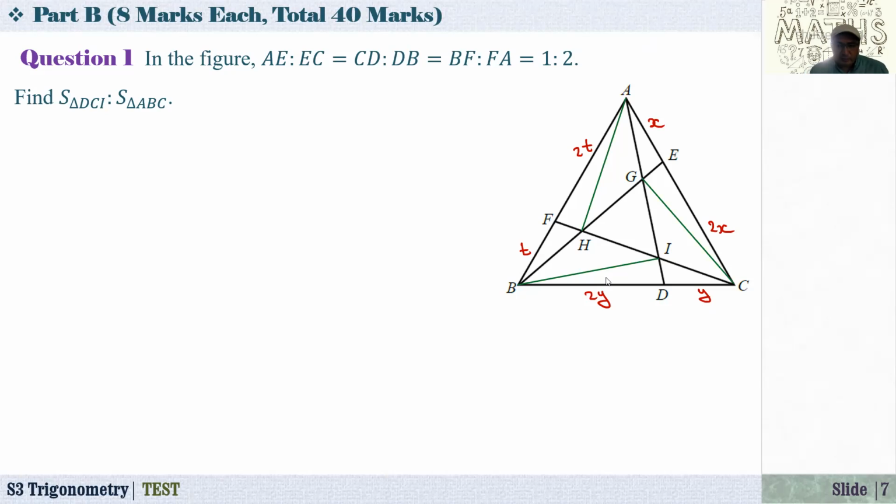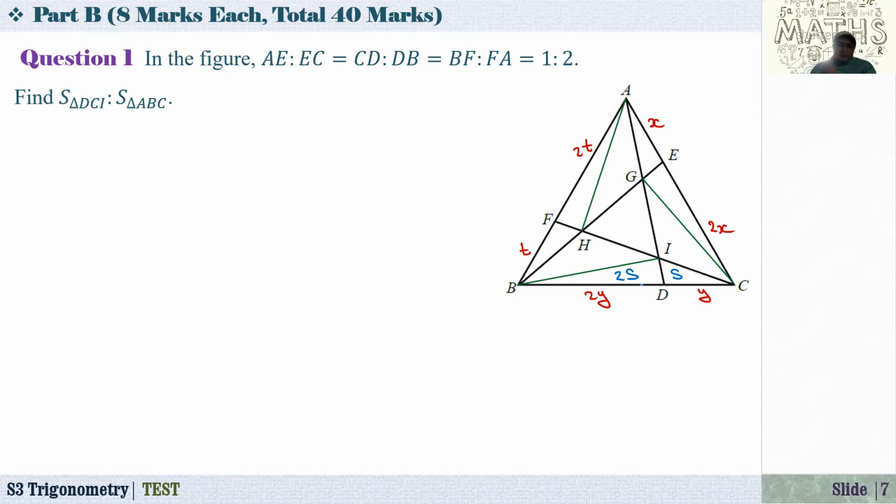All right. So first, we need to find the ratio of the area of DCI to the area of triangle ABC. That means I'm just trying to express everything in terms of a single variable. Now, suppose, let me use blue here, the area of CDI is equal to S. At the same time, the area of BDI, because of Y and 2Y, will be 2S.